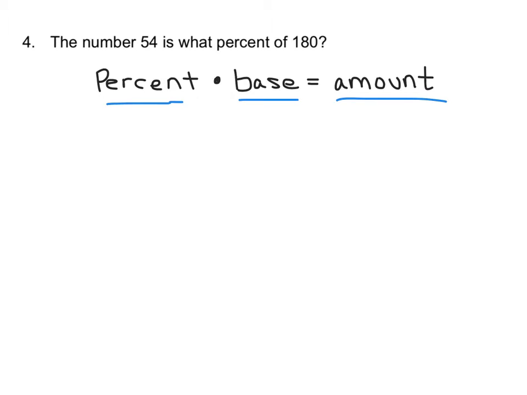In order to solve this problem, we need to identify what's given to us and what we need to find. If we look at our problem, we have the number 54 is what percent of 180. This tells me that 54 is the amount.